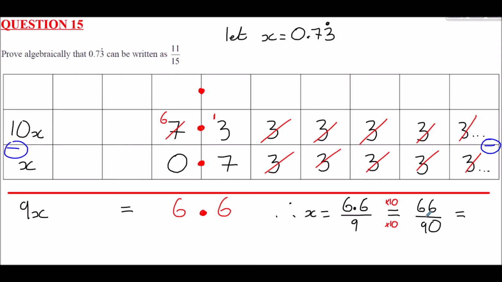Essentially, both top and bottom can be divided by 6. If you want to be explicit, you could say this to the examiner: Look, examiner, I'm dividing both sides by 6 because I know what I'm doing. Which of course you do because you've revised. So 66 divided by 6 is 11, and 90 divided by 6 is 15 as required. So therefore, we're done. Simple as 11/15.